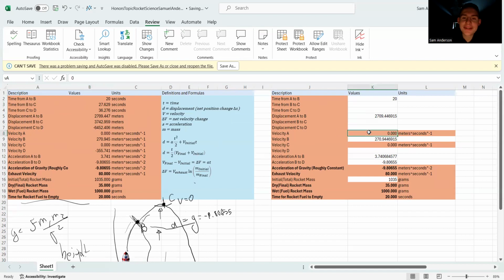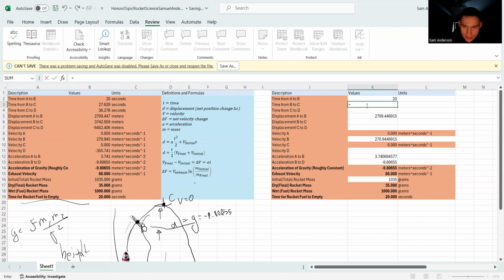Right, okay. No, never mind. We do know what acceleration is. So delta V is equal to AT will help us find time. Duh. We know what the acceleration is. That's gravity. So take delta V over acceleration is going to be equal to time from B to C.